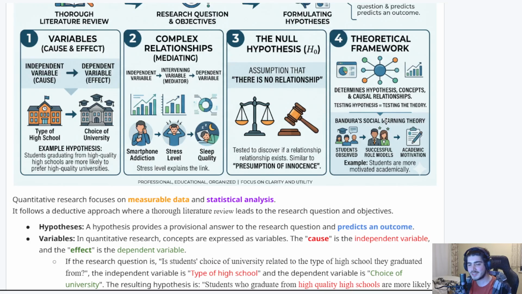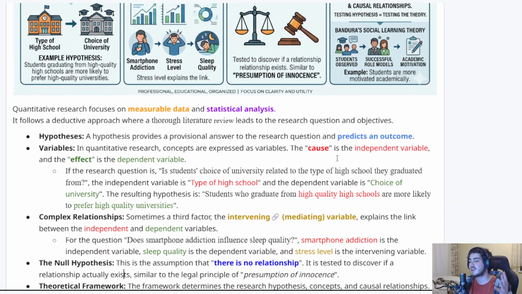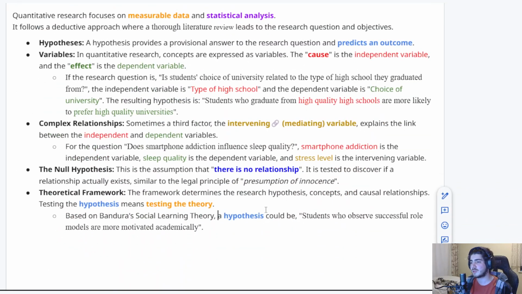So, what does this mean? It means, for example, we take social learning theory. The social learning theory posits that when you take a role model, you will be subconsciously or unconsciously learning from that model and replicating what they are doing. It's social learning.